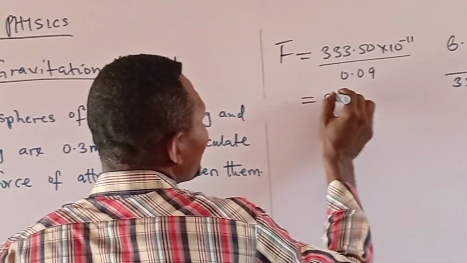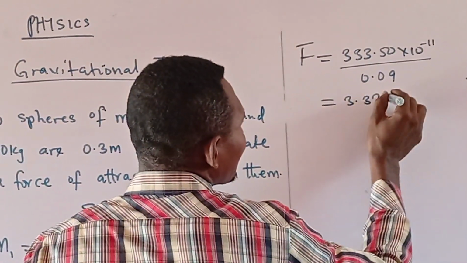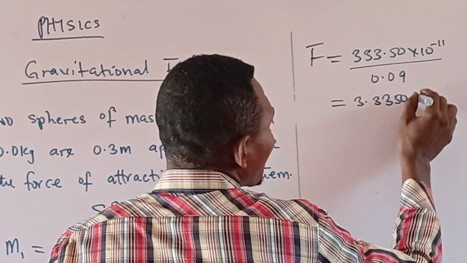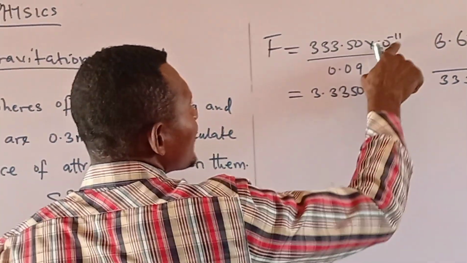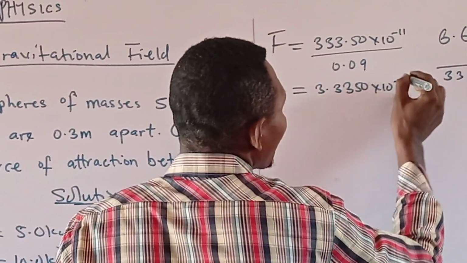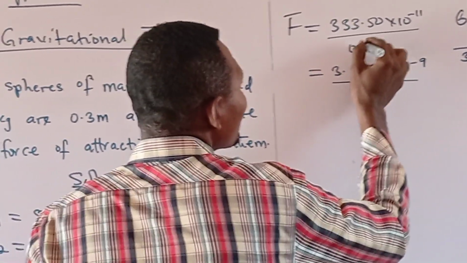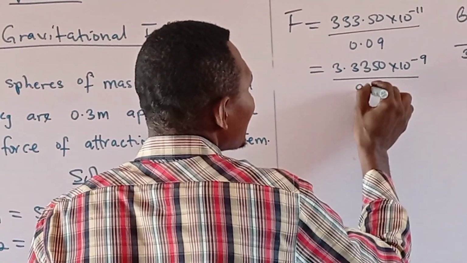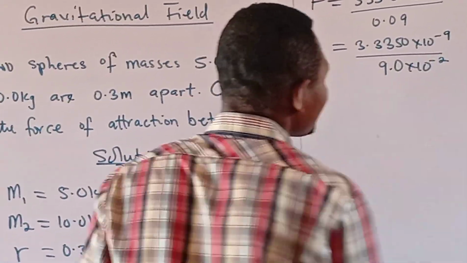So we have 3.3350 times 10 raised to the power, that is, it moves 1, 2. So if you subtract that 2 from 11, you are going to have minus 9. Or divided by, writing this one in standard form, the decimal will move 1, 2. So we'll have 9.0 times 10 raised to the power minus 2.